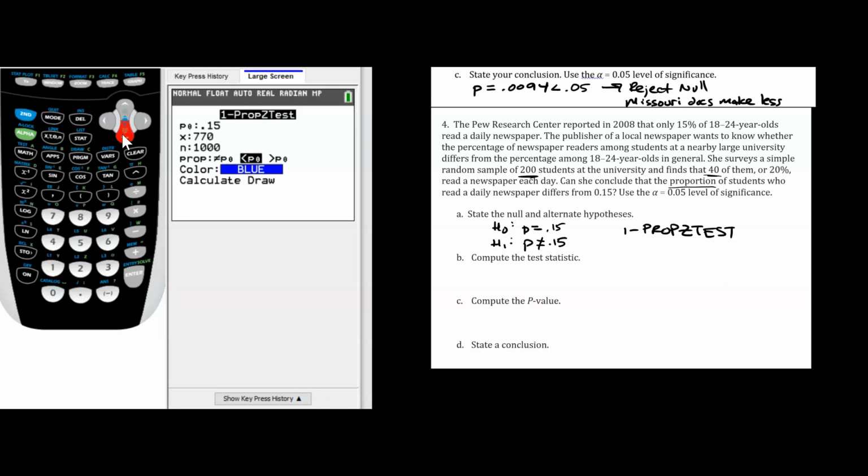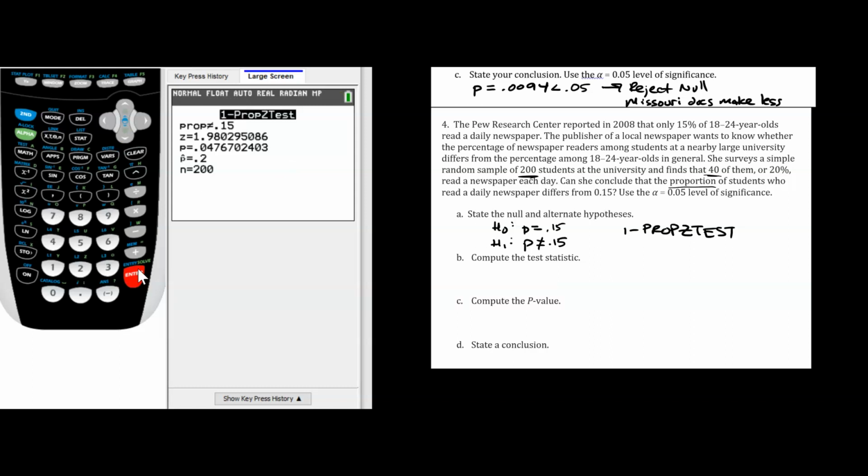X is the number of people out of the sample who satisfied a certain characteristic, which in this case is the number of people who are reading a newspaper daily. So that's going to be 40 out of 200. So this 20% that they give you in the problem is almost a misleading number in a way. 40 out of 200 is exactly what you want to be putting in there. And then you want to change that alternate hypothesis to be not equal, and then we can calculate.